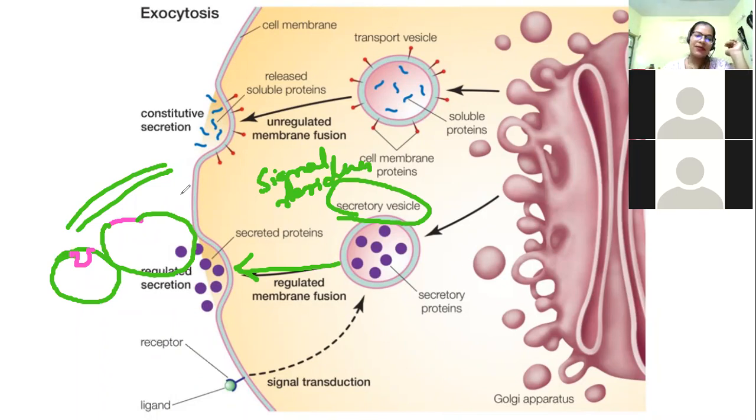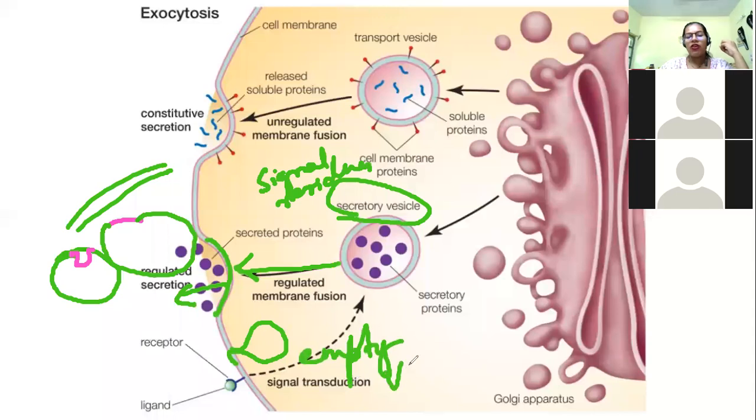Why? Because once the molecules are released outside, the cells also take out the plasma membrane as empty vesicles. These empty vesicles go back and fuse to the Golgi apparatus.